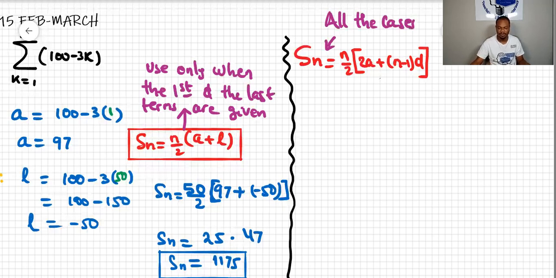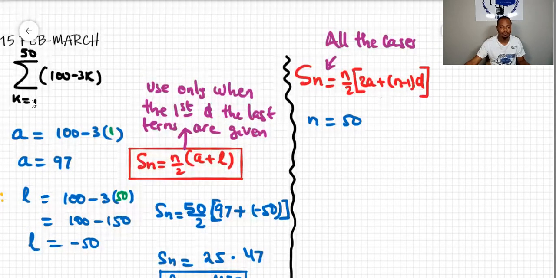So now in this situation, we need to know the number of terms, and there are 50 terms. As we can see here, there are 50 terms because the sum goes from 1 to 50. How do I know there are 50 terms?